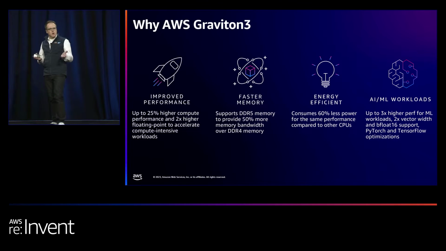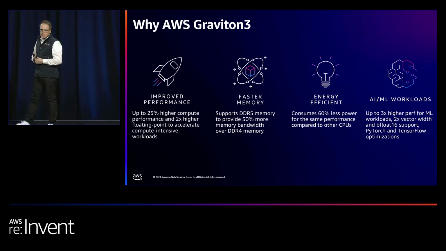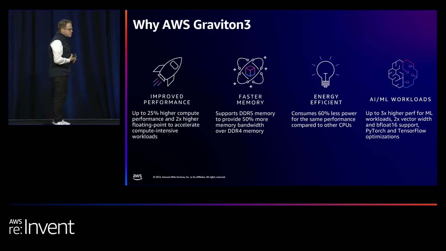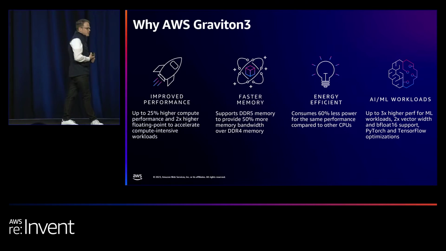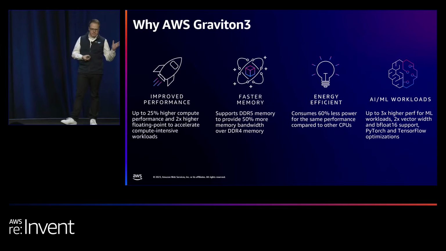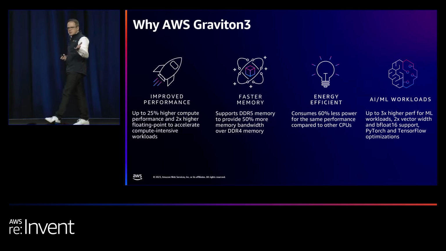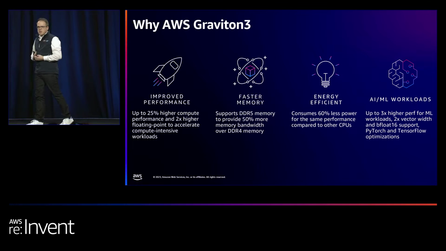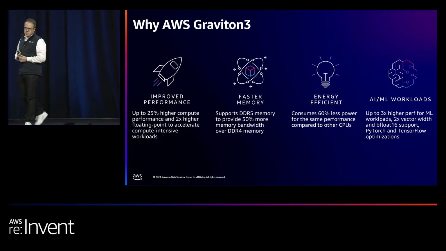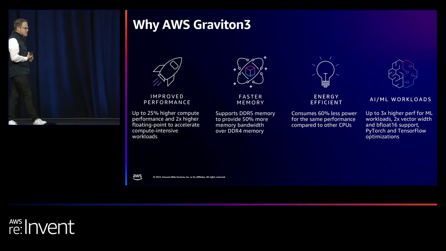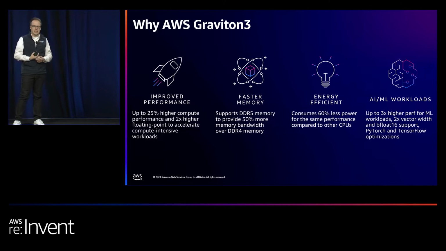But I think the question is why? Why is this so compelling? Well, generally, when we compare Graviton 3 to their counterpart instance in the same generation, we're seeing upwards of 25% price performance improvement. The best part, though, is that we're saving a ton of energy.